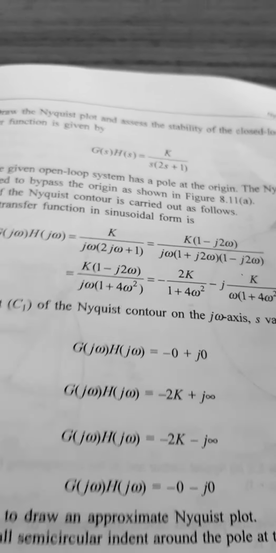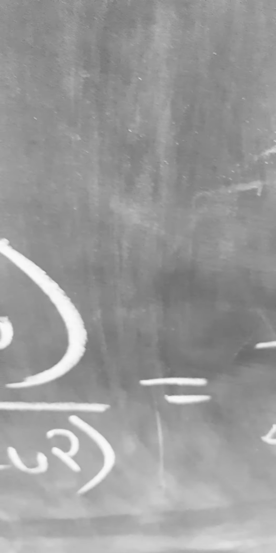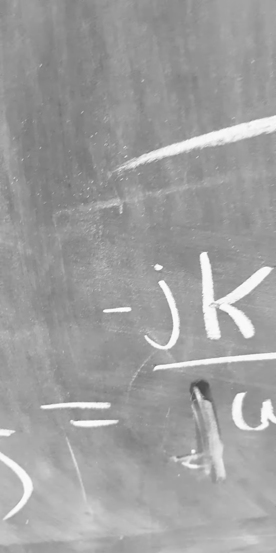If you are taking the j above, so this will become minus j, so minus kj. You should try to understand this, all of you.